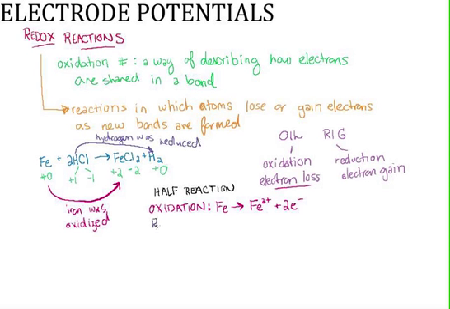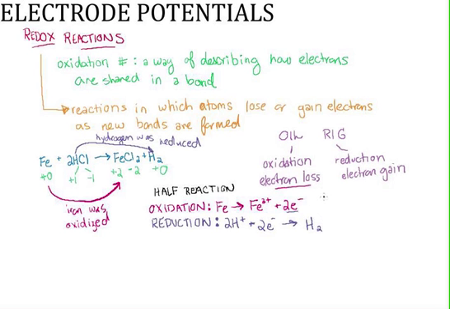So if I wanted to come up with a half reaction for this reduction, I might say I started off with these two hydrogen cations, and then along came these two free electrons, and hydrogen snatches them up, and before you know it, you've got neutral hydrogen gas.